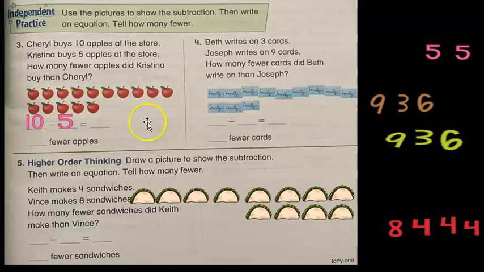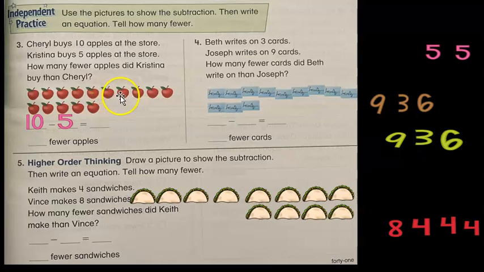Now, boys and girls, look. These apples up here on the top row, Cheryl's apples, are there apples down here at the bottom? No, there's no apples. So therefore, our answer is right here. Now, how many apples right here do not have an apple at the bottom?